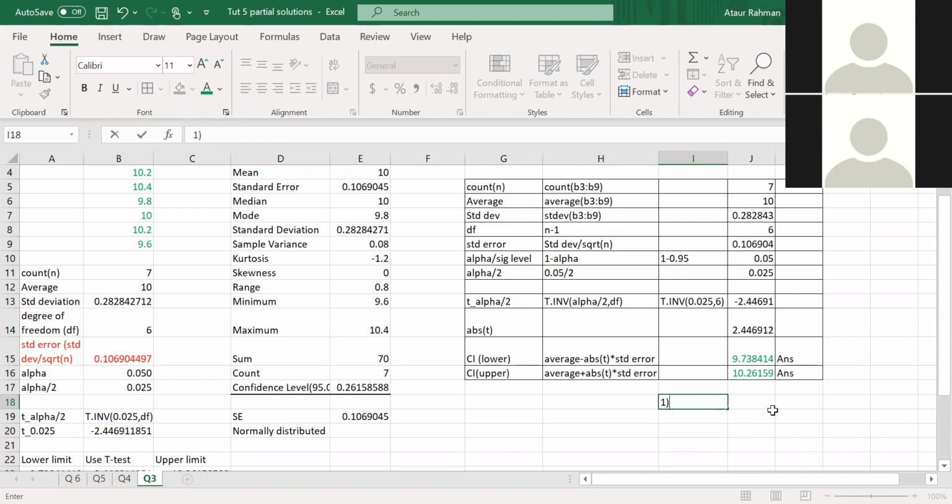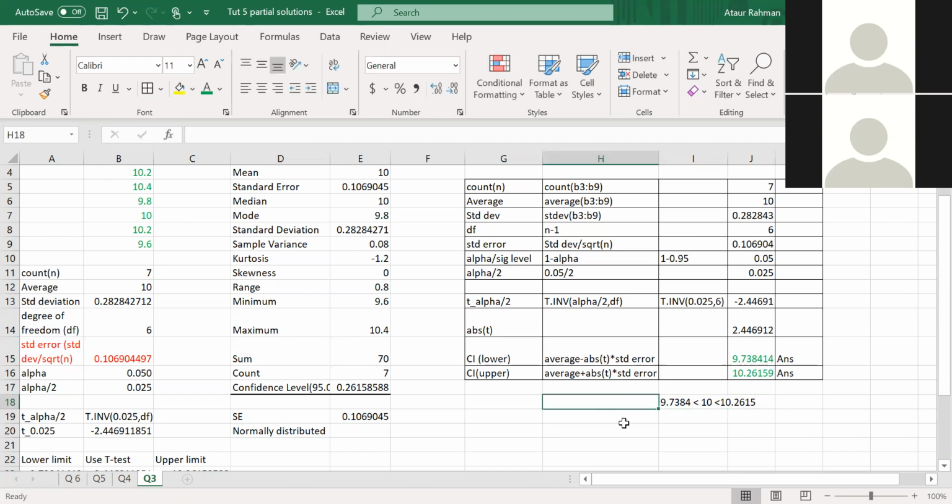But generally the standard way of writing is like your 10 plus minus, or the best way is to write 9.7384, and then you write this sign here, and then you put your mean value here, 10, and then you put another sign here, and that is your 10.26 on 95%.